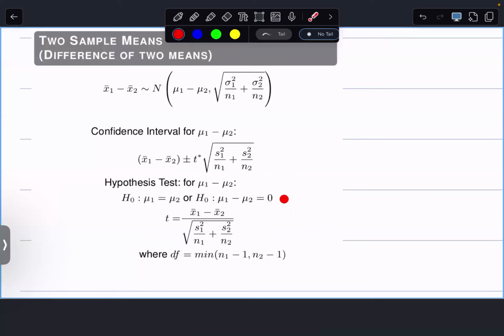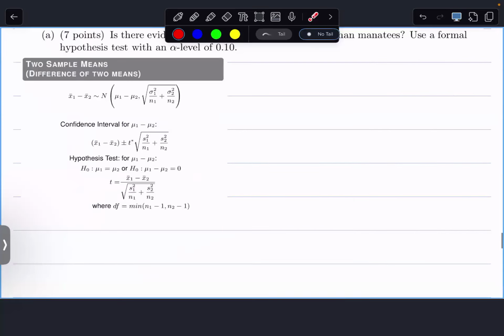How does it compare to 0, right? Whichever one you prefer, fine by me. And we use the simplified version of the degrees of freedom, which is the smaller sample size minus 1, right? So even though there is a huge formula for the degrees of freedom that software uses, we don't use it because we're just working by hand.